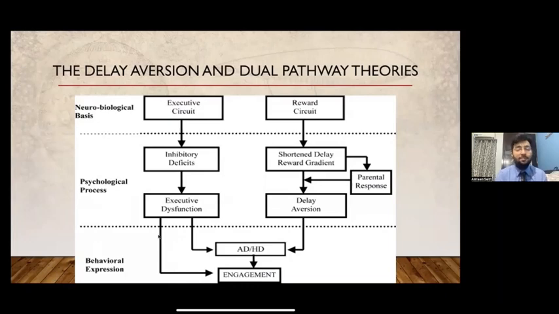Delay aversion is that patients of ADHD try to avoid any sort of delay by opting for an immediate reward. And that is what is the delay aversion theory. And this leads to a shortened delay reward gradient. And this is the second pathway or the circuit involved in ADHD. Both these together lead to symptoms of ADHD independent of each other.